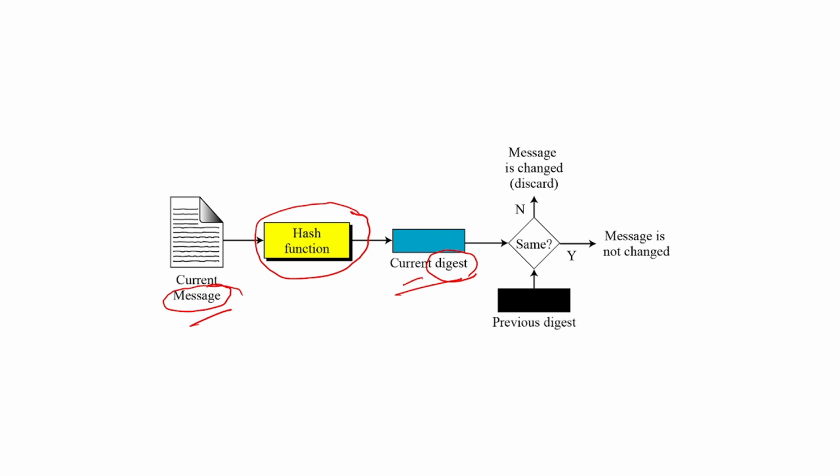Generally it is used for generating check values, checksum values. We have already discussed this in data integrity. Using check values we can provide data integrity, and the data integrity service can be provided by using a hashing algorithm. Here the message and message digest both will be sent to the receiver. Whenever Bob receives the message, he will perform the hash function on the received message and calculate the message digest.